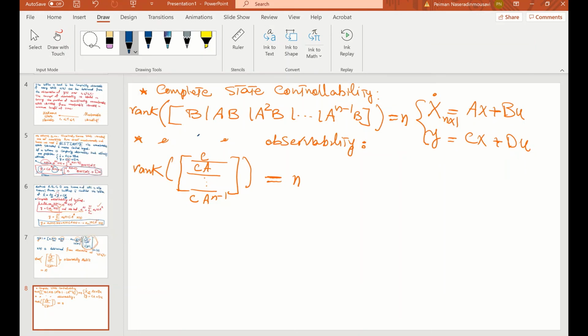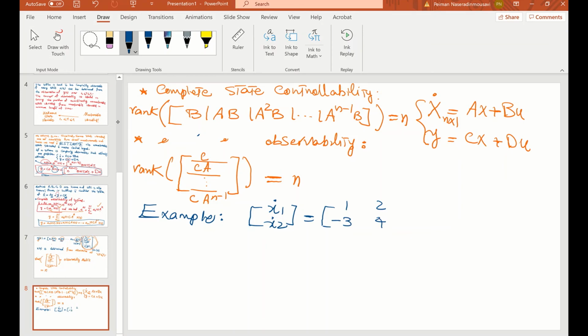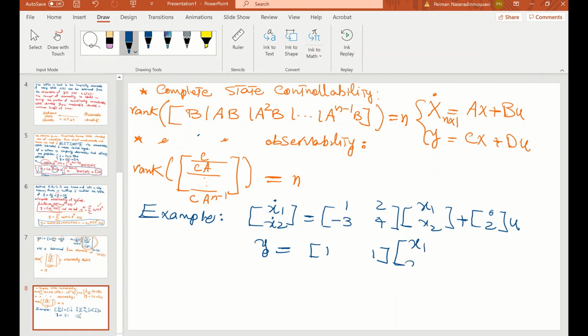So let us do some example for observability. Suppose you have this second order LTI system: x1 dot and x2 dot is equal to [1, 2; minus 3, 4] times x1 and x2 plus Bu, and y, because you are talking about observability, the output is [1 1] times x1 and x2.